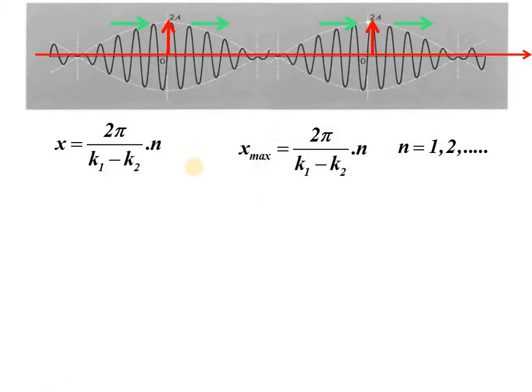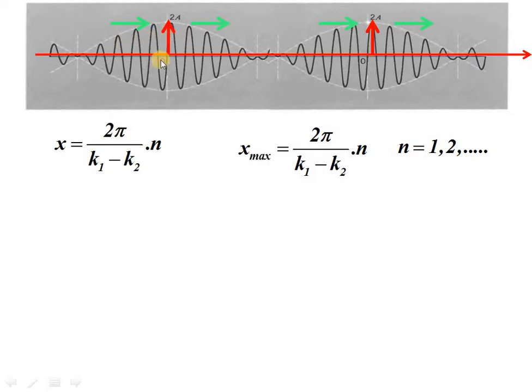You don't understand it as the maximum value of x. No, this is the x at which y is maximum. So this is a maximum value, and this is another maximum value, so for every point you can write an x max. At x max, y is maximum. So x max is equal to 2 pi n by (k1 minus k2), where n is equal to 1, 2, 3, etc.